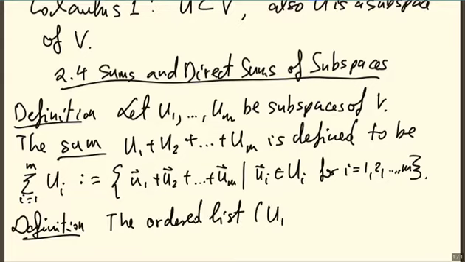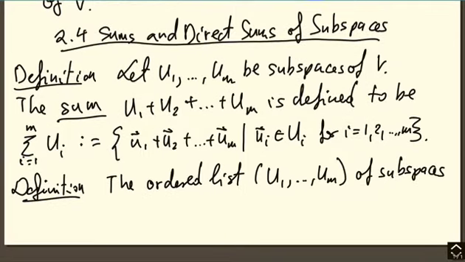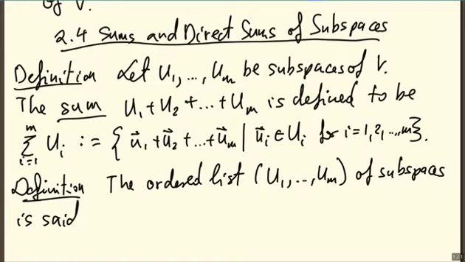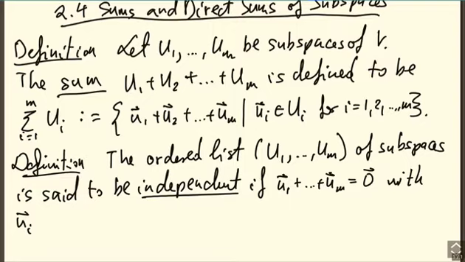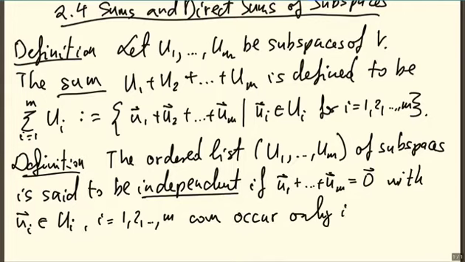So we have these subspaces U1, ..., Um, and we call this list independent if u1 plus ... plus um equals the zero vector, with all these ui vectors from the Ui subspaces, i going from 1 to m, can occur only if all these ui vectors are actually the zero vectors.